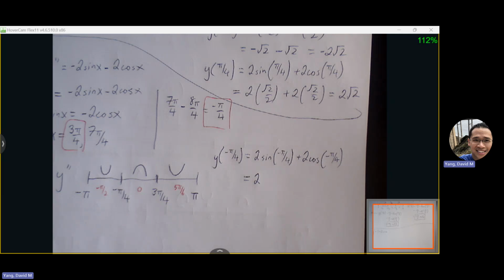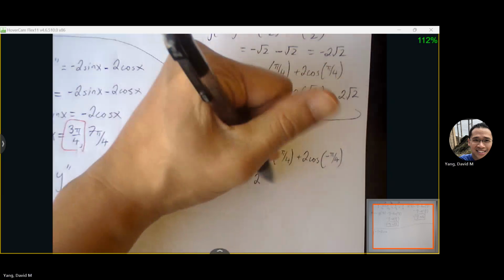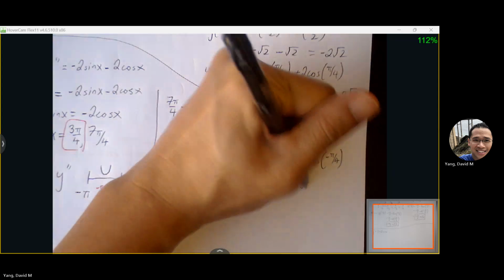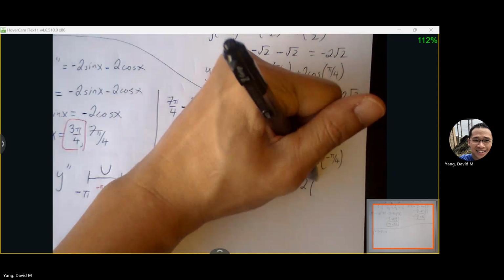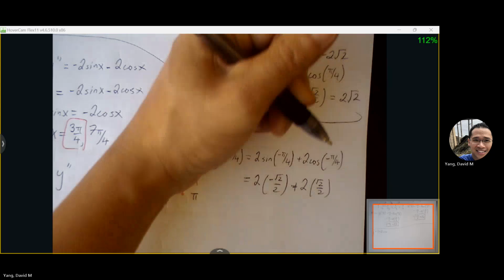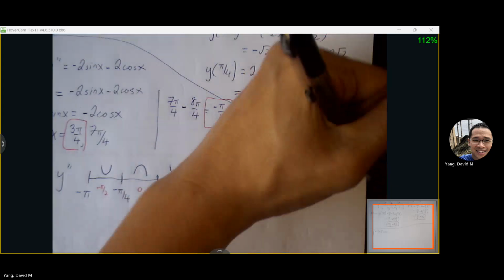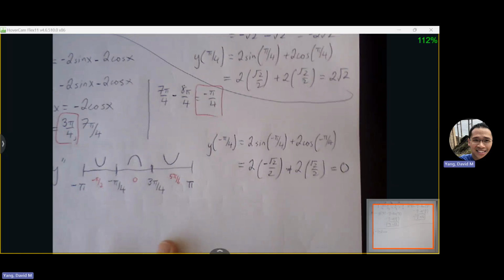Positive x, negative y. Ends up being 0, right?